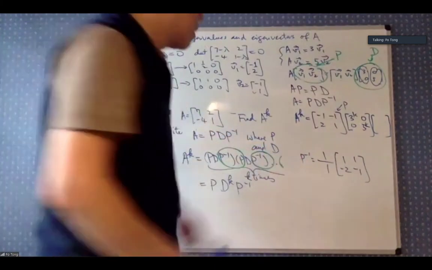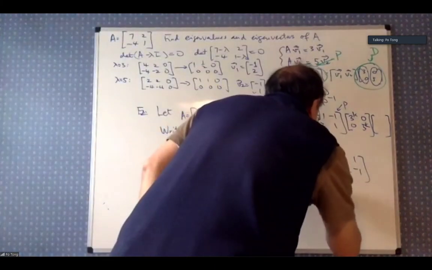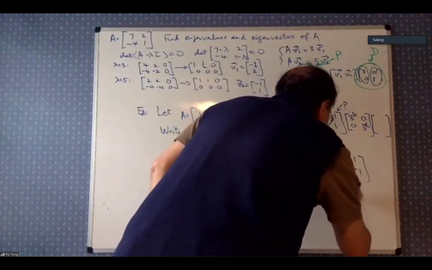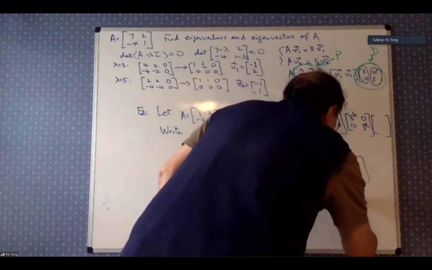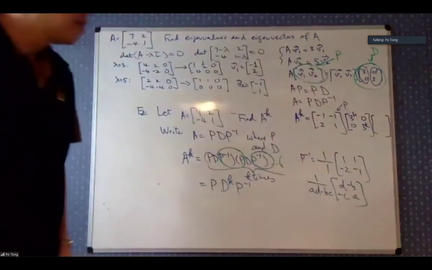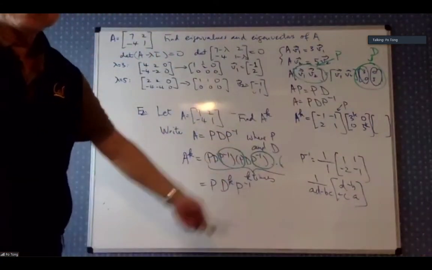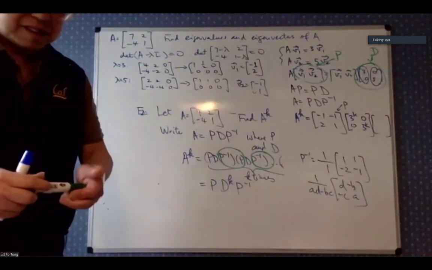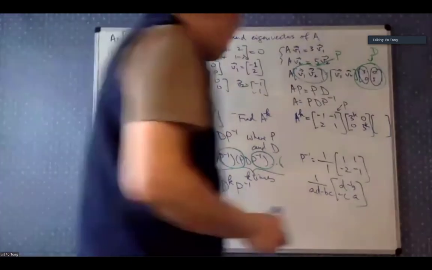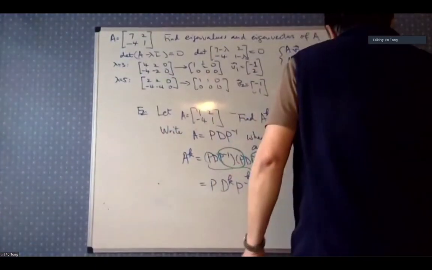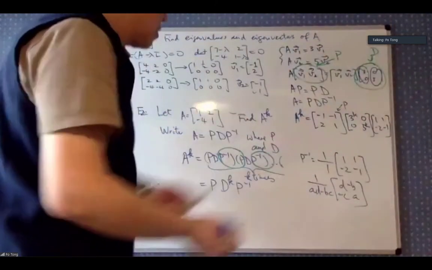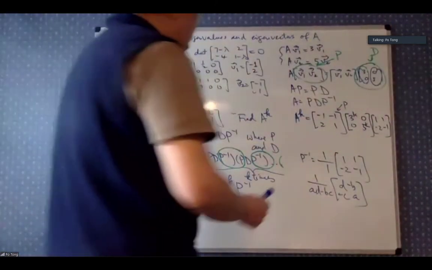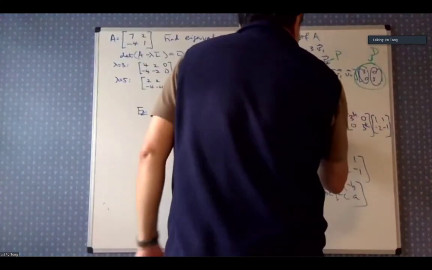Do you know what I did? 1 over AD minus BC, D, A, minus B, minus C. You know what I'm doing? Yes. Okay, very good. Thank you. So 1 minus 2, 1 minus 1. So I'm nearly done.